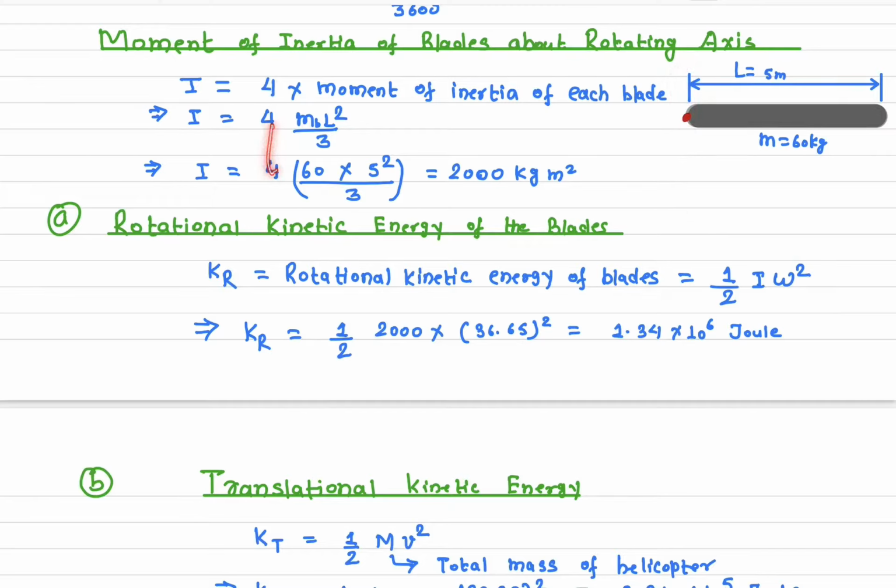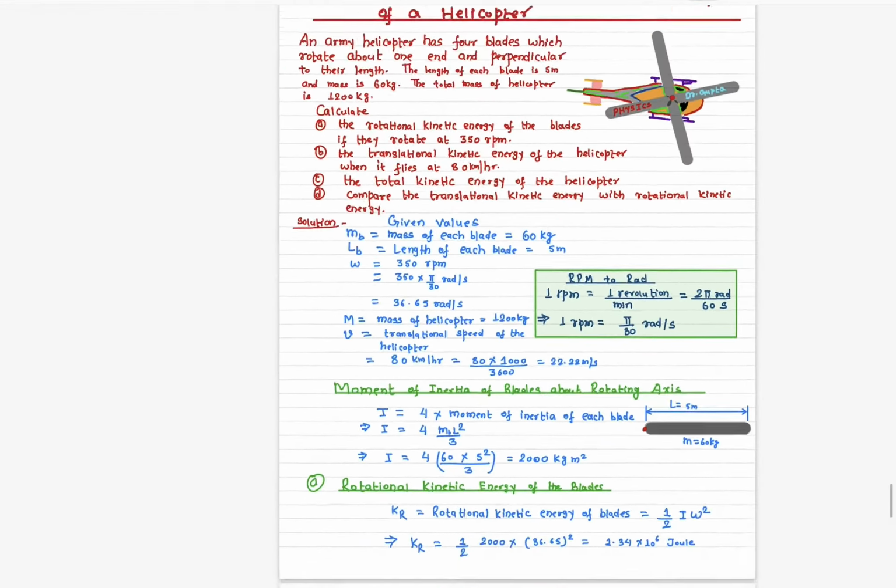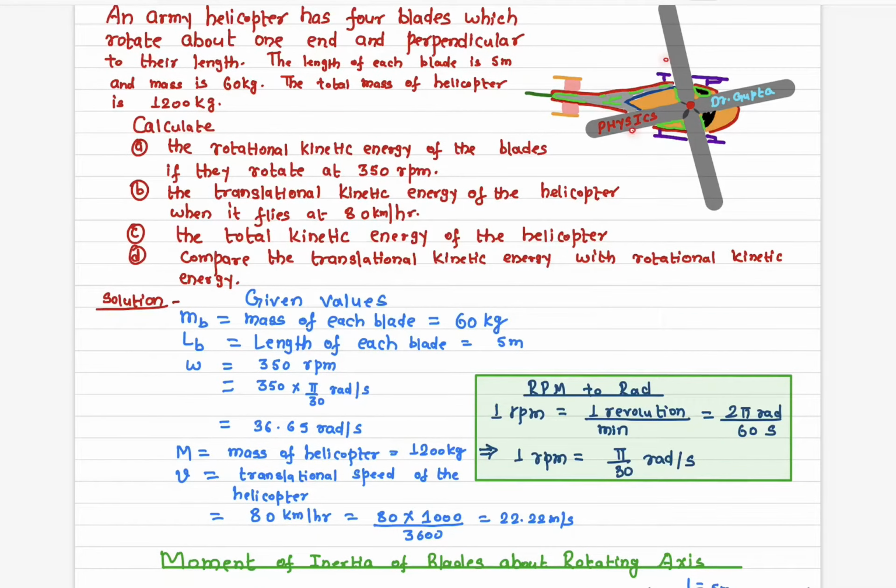So now let's plug in all the values. The mass of each blade is 60, the length of the blade is 5, and divided by 3, times 4. If you solve it, you'll get 2000 kilogram meter squared. This is the moment of inertia of all 4 blades about this axis of rotation.